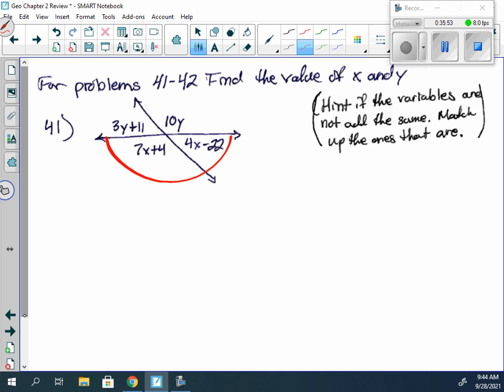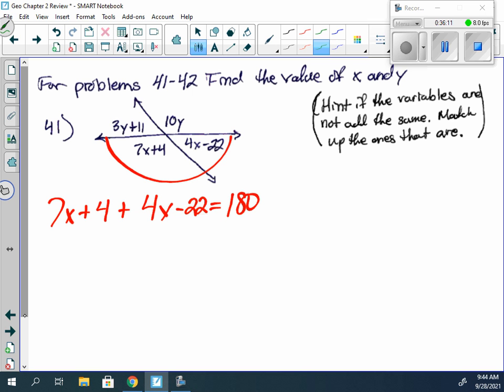They are not vertical, they are a linear pair, a straight line. So I can say that 7x plus 4 plus 4x minus 22 is equal to 180.